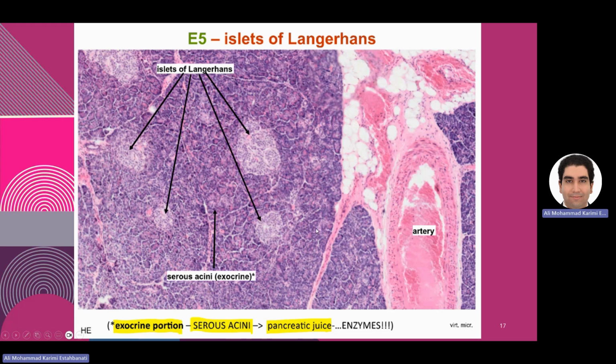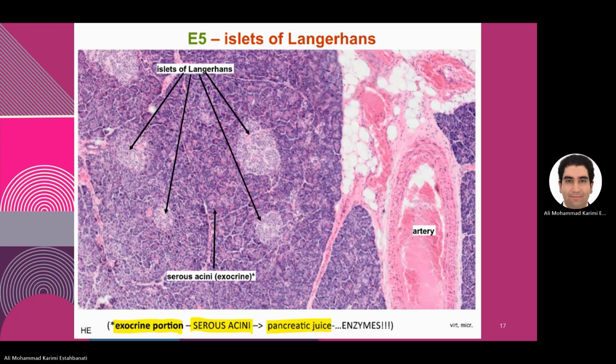I really advise you to put this picture in your head, your heart, whatever you want to do. Remember this, because this is one of the easiest slides you can have on the exam, and you can easily get quite a lot of marks for it just by knowing which slide this is. So it's very important for you to detect it.